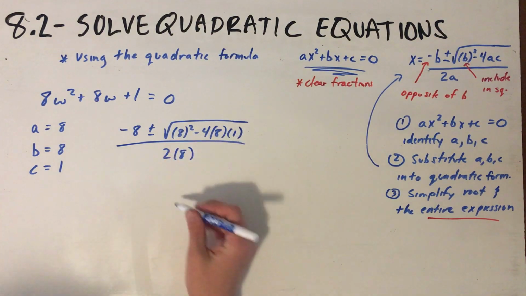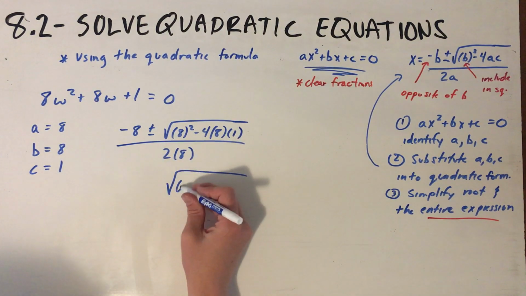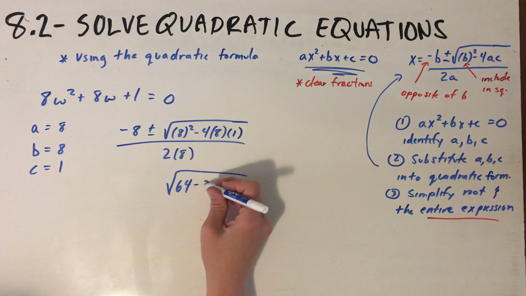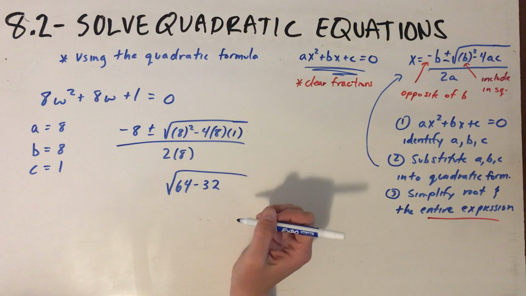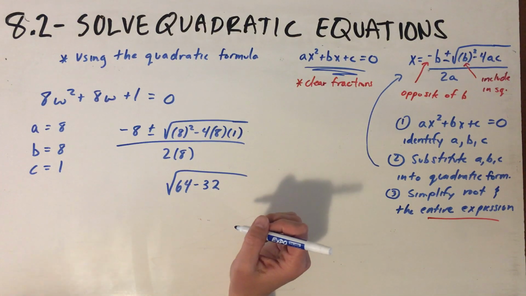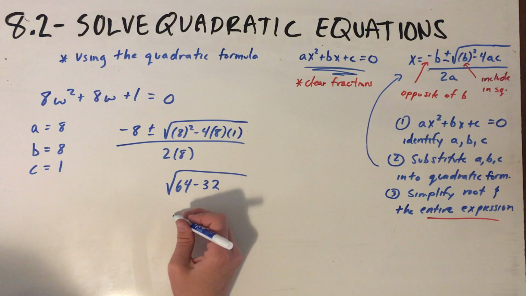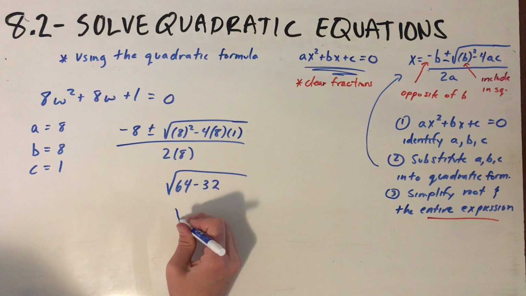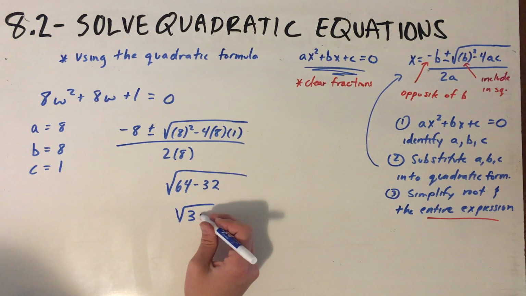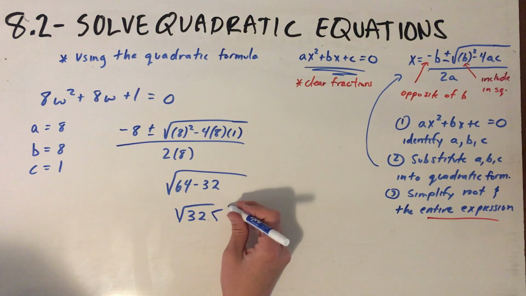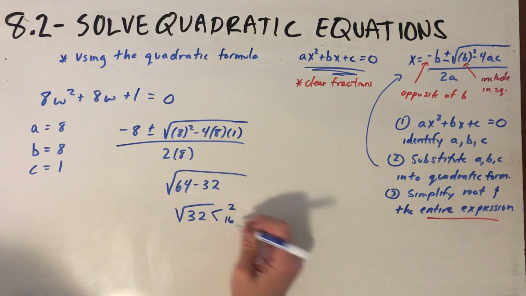So underneath here, the square root, I'm going to get 64. 8 times 8 is 64, minus 32. So we will get the square root of 32, which is going to be 2 and 16.